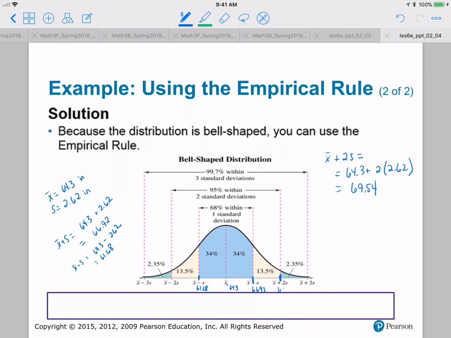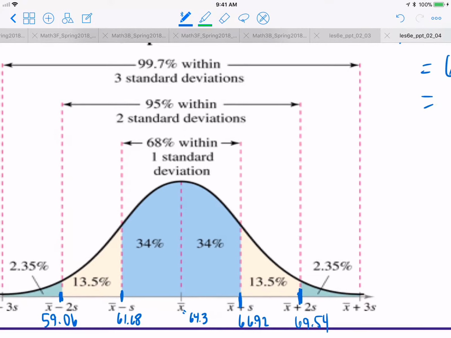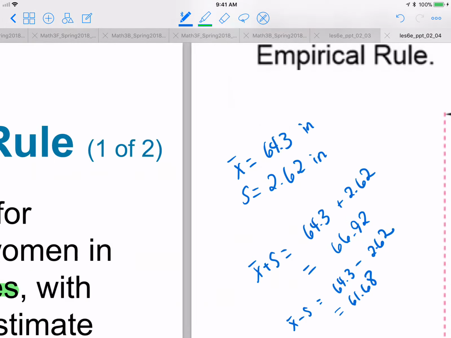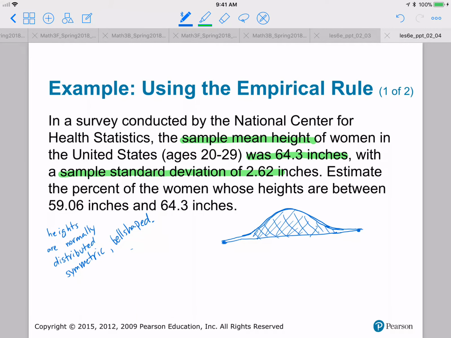And then what about minus? So 59.06. Okay, and I believe these are the key numbers that were used in the question.